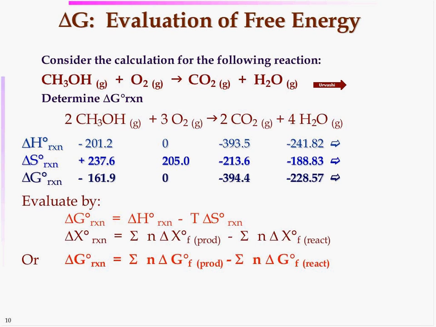And then minus 2 times minus 161.9. That will be for the reactants. This will give us the final answer. So this is the final delta G.